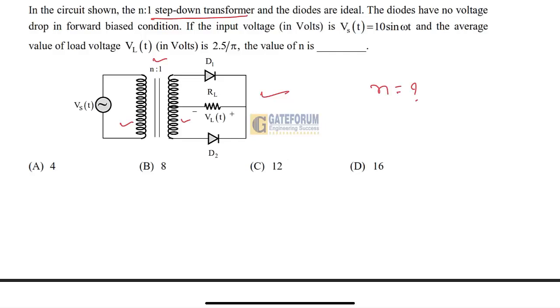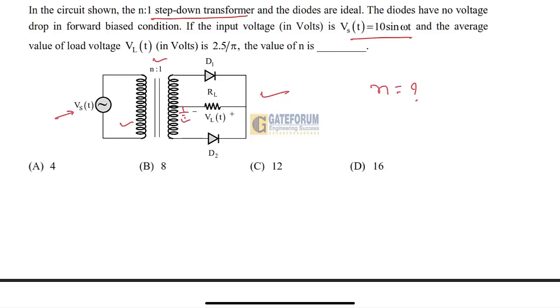So here we have to find the value of N, how much larger the primary is than the secondary. The information given is that Vs, the source signal, is 10 sin omega t. The voltage across the primary coil we can consider as V1, and the voltage across the secondary coil as V2. Since this is a center tap, it should be grounded. Whatever voltage appears across the secondary coil will be divided into two parts.